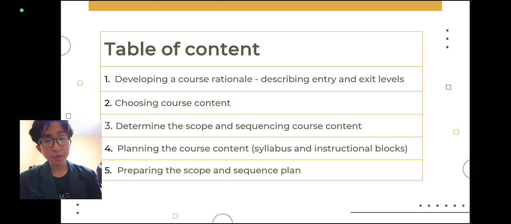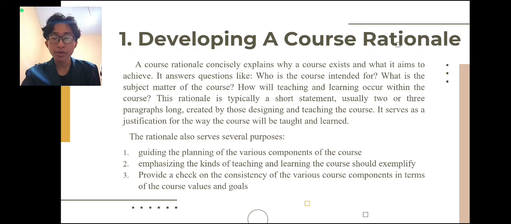Okay, let's move on to the materials. Now I will explain to you the first topic, developing a course rationale. So, a course rationale concisely explains why a course exists and what it aims to achieve. It answers questions like who is the course intended for?